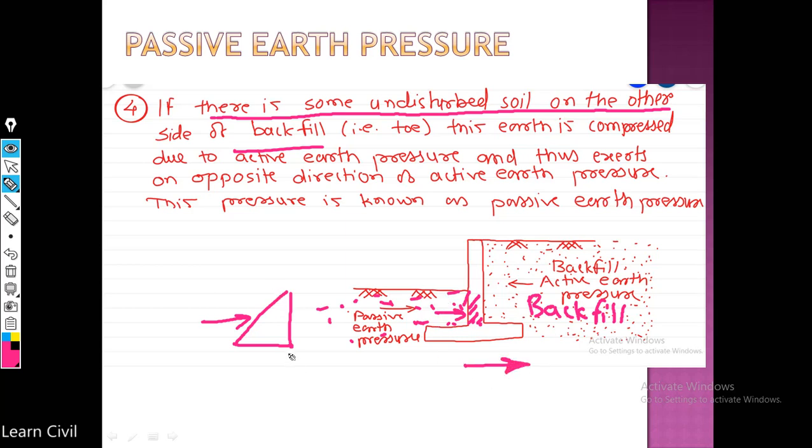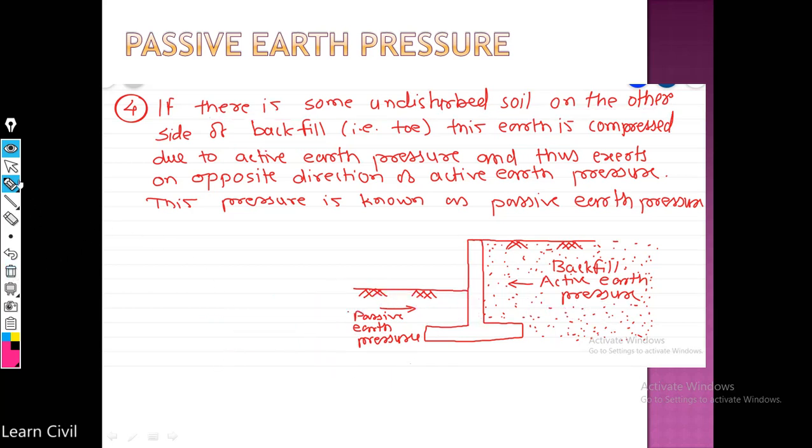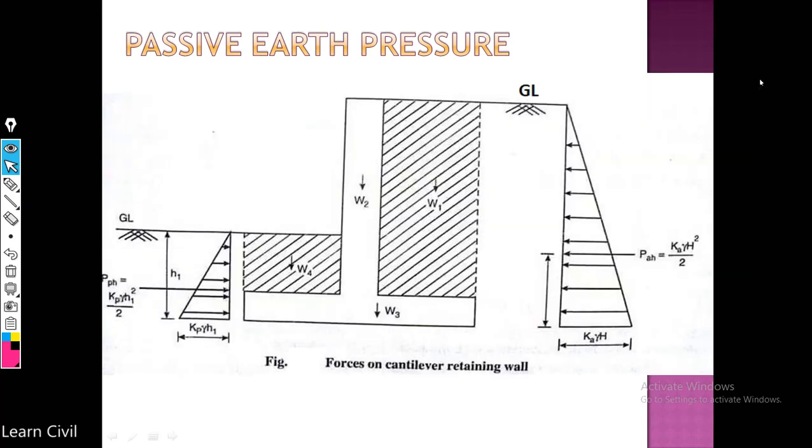Whatever pressure is produced by this earth pressure is considered passive earth pressure, and this portion is already covered in your geotechnical engineering.